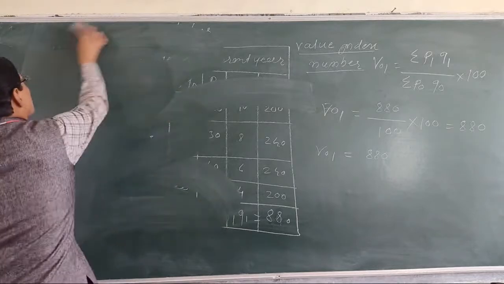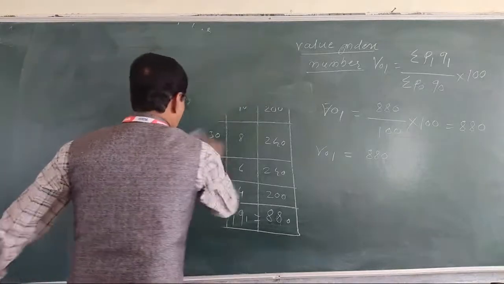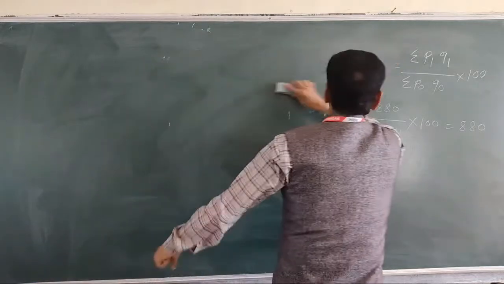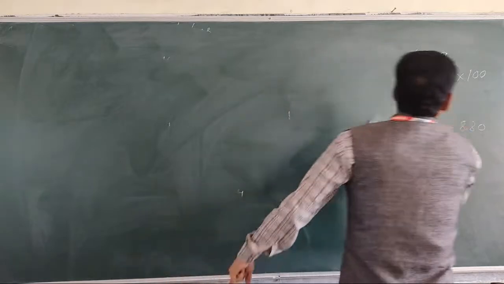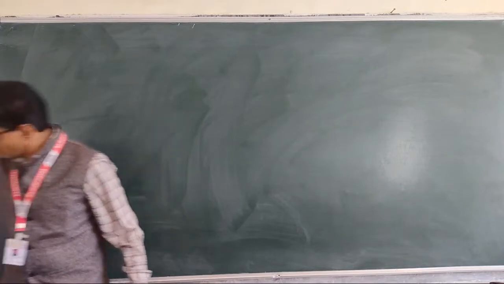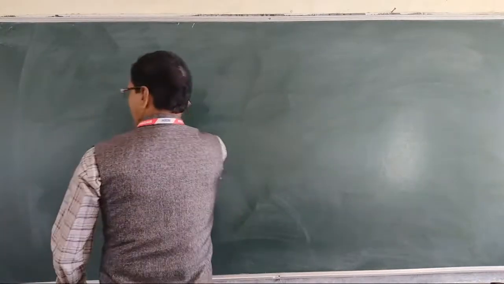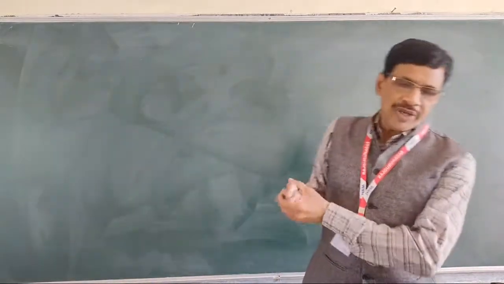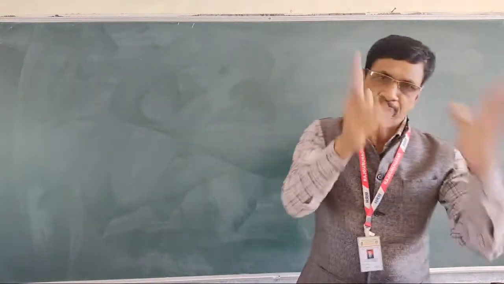There are 3 determinants in simple index number. The first is the price index number, second is the quantity index number, and third one is the value index number. Clear?